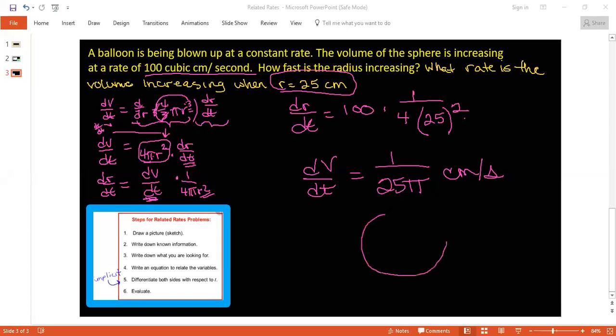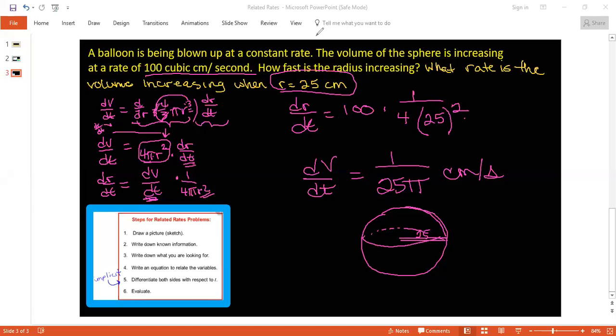Right here is where the radius is 25. It started at one point and kept getting bigger and bigger, and as that's happening, your volume is increasing.